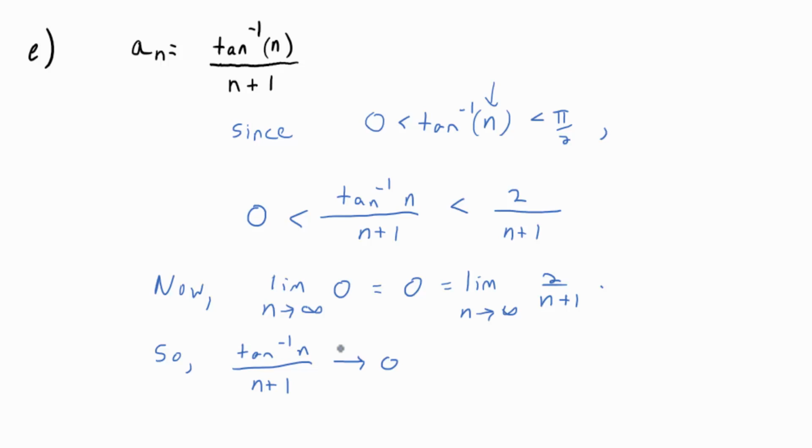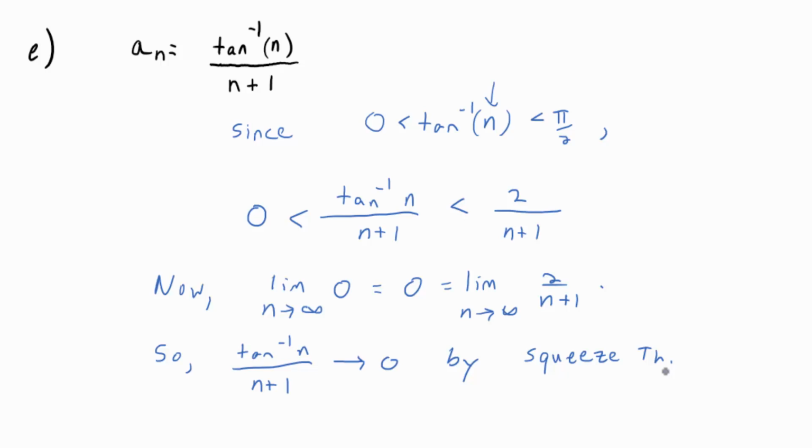So the limit of the tangent inverse of n over n plus 1 is equal to 0, or you could say tangent inverse of n over n plus 1 converges to 0. Either notation's fine. By what theorem? By the squeeze theorem.